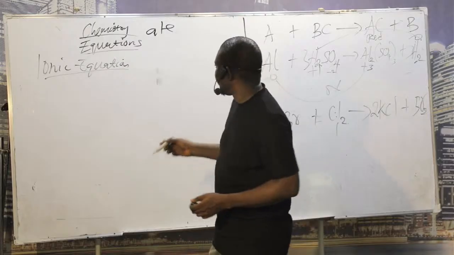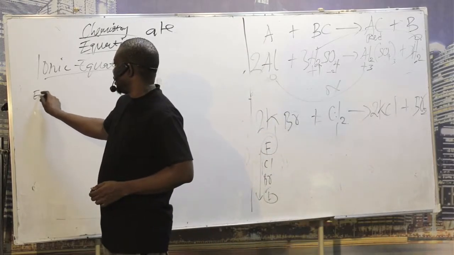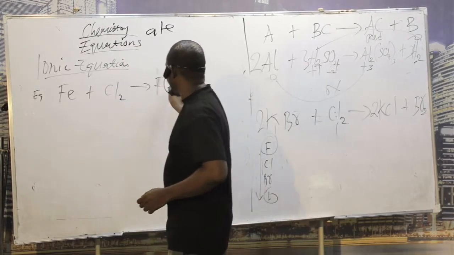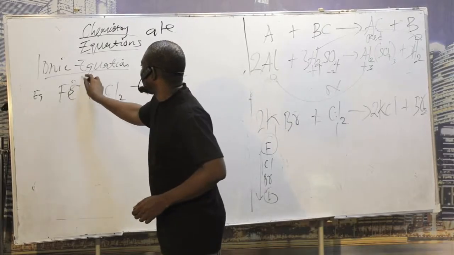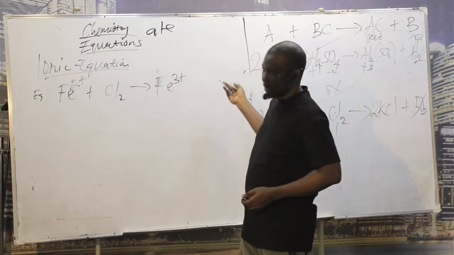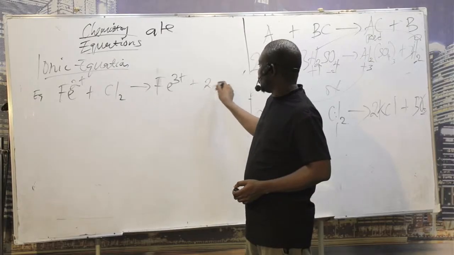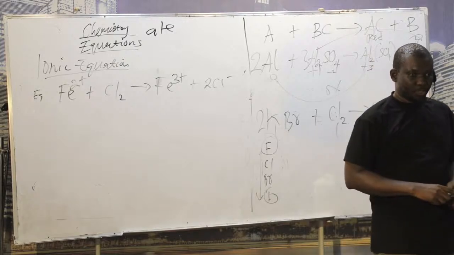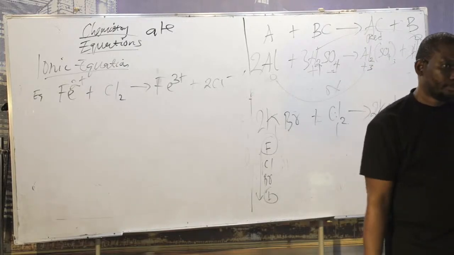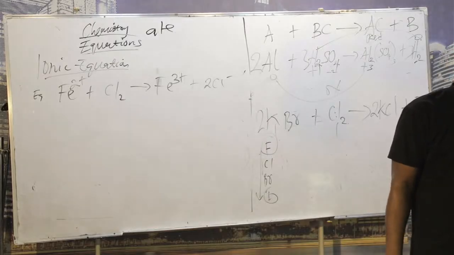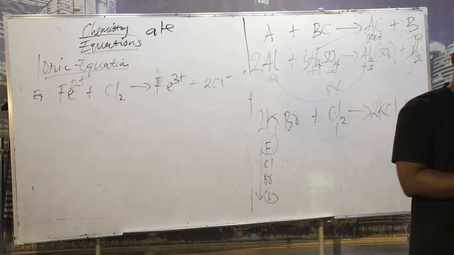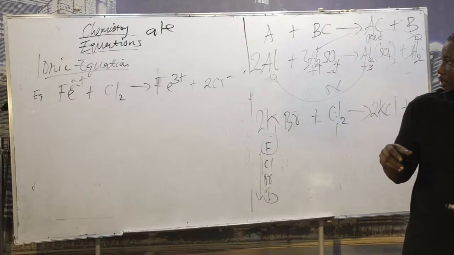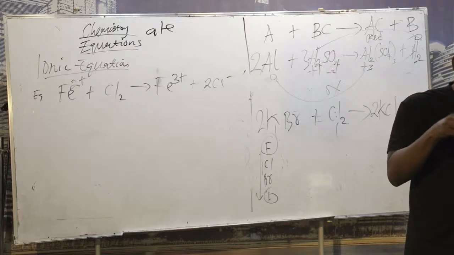For example, if I have Fe plus Cl2, I have Fe 3 plus, 2 plus, you see now, plus 2Cl minus. What is this equation? Ionic equation. That means something from that iron is removed.